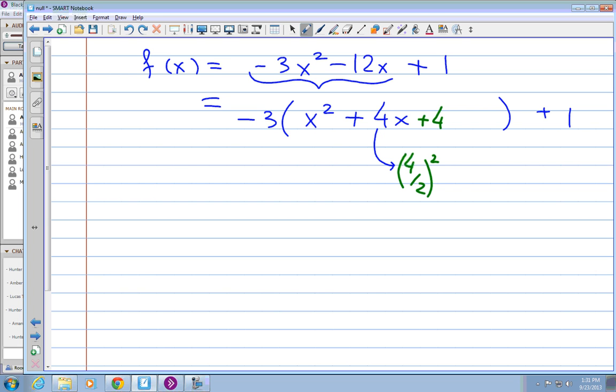But now it's very important that you subtract 4 inside those parentheses. Because look, when you do plus 4 inside the parentheses, this plus 4 right here is still multiplied by -3. So you didn't add 4, you really subtracted 12. Does that make sense? Because that plus 4 is still multiplied by -3, so that's -12.